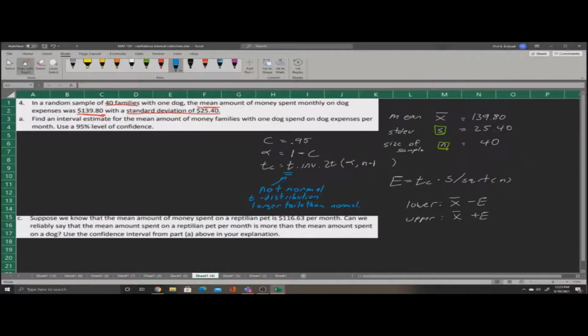Now, just like before, where we used norm inverse for previous problems, we're still using inverse, and we're including the 2t to cut out some of the math. If you include the 2t on t inverse two-tailed, we don't need to divide the alpha by 2 like we did in previous problems. Now, the alpha is also called the significance level, and the n minus 1 is sometimes called the degrees of freedom.